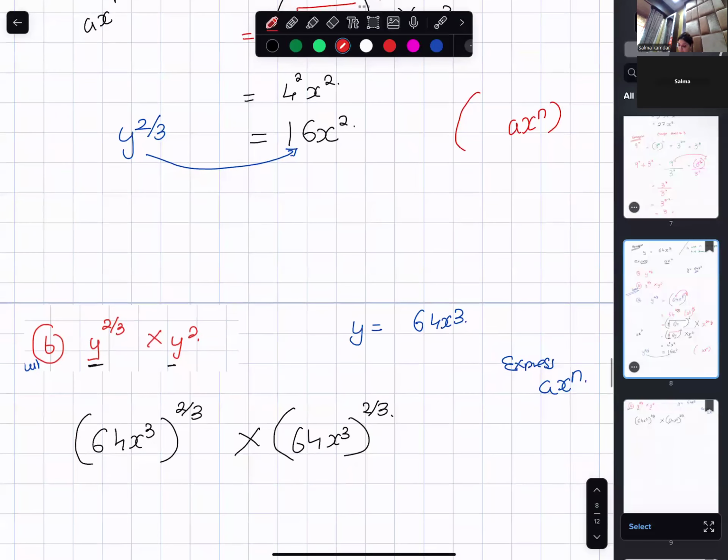Since this is the b part, you can also see we had found out y raised to 2 by 3 is nothing but 16x square. So instead of this y raised to 2 by 3, I can write 16x square.